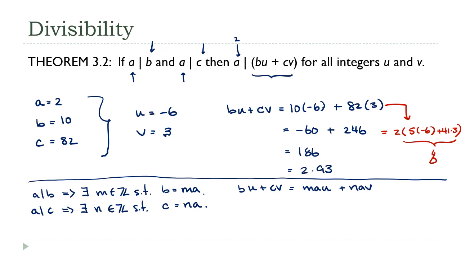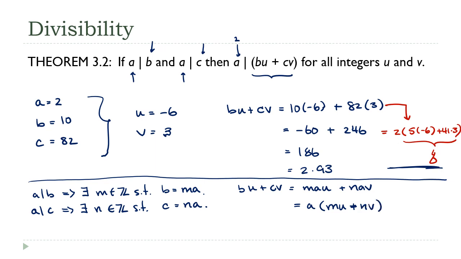All right, but now this is why I wanted to backtrack and look at where I pulled out that common 2. Notice that there's a common A here. Pull out that A. This is A times MU plus NV.